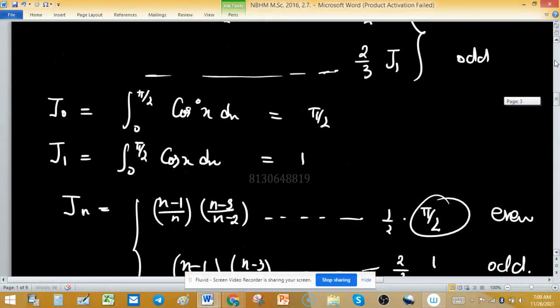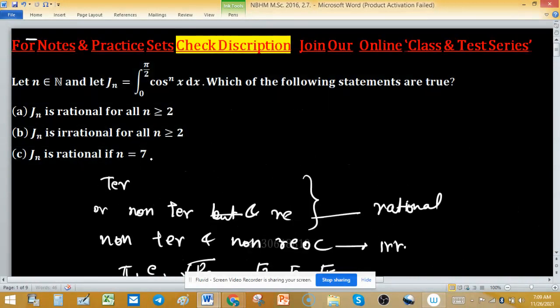So in the case of n equal to 7, Jn is rational. So this option is true. And for the other options, rational and irrational for all, because of the term 'for all', we are obtaining an irrational number in the even case also. So these two options are false.